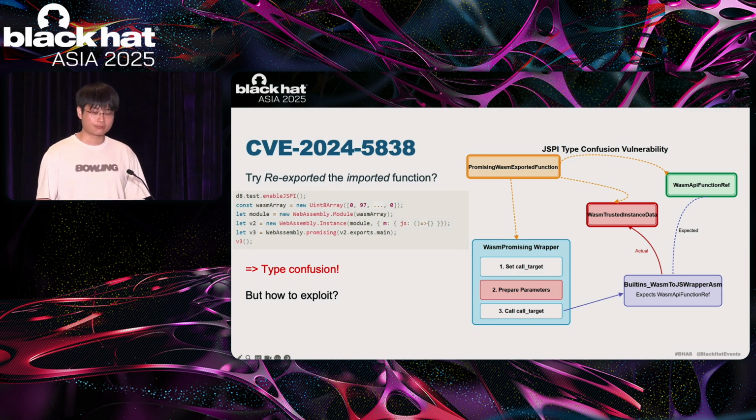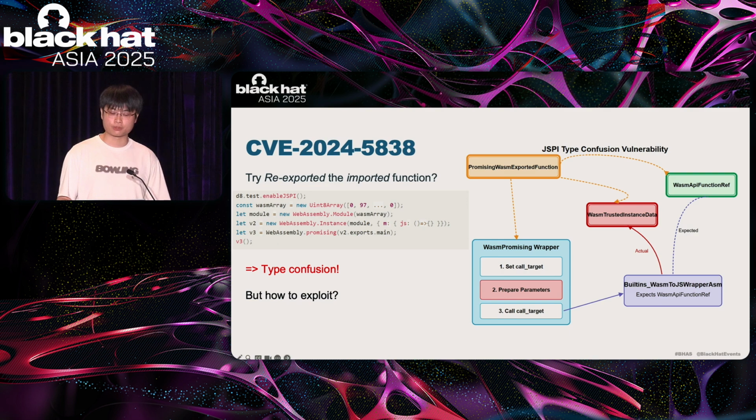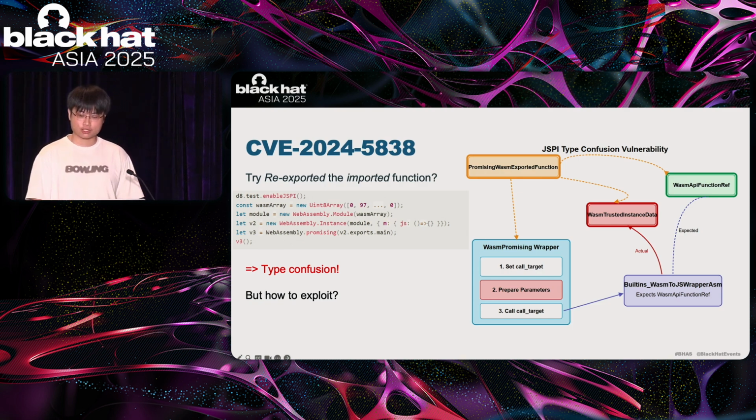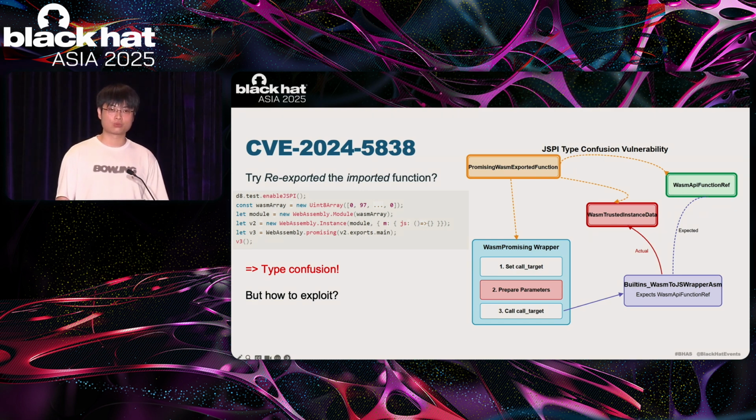In this case, we attempt to import a JavaScript function into WebAssembly, then export it back to JavaScript, and finally use this exported function with WebAssembly.promising to see if any issue arises. As shown in the right diagram, invoking v3 in our POC indeed triggers a type confusion bug. When V8 executes the function returned by WebAssembly.promising, it first sets up the call targets and prepares the necessary arguments inside the Wasm promising wrapper.